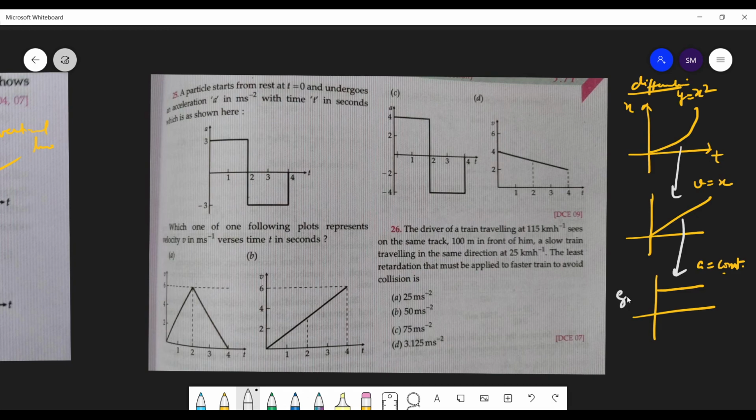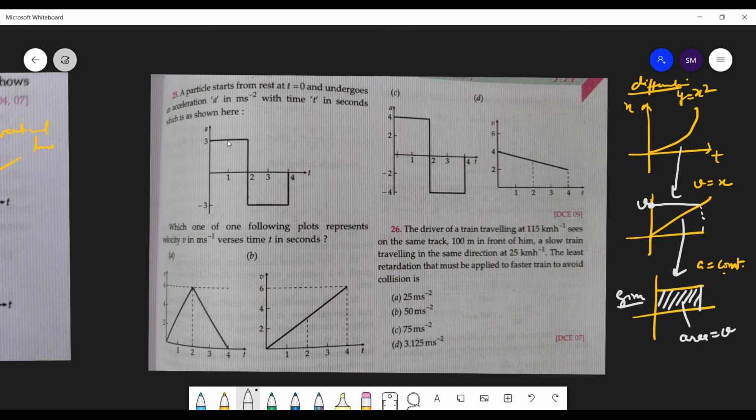If this is given to you, then the area of this graph will be this velocity at this point. So its area is equal to v. Yes or no? So all of you agree, students? That's a very good example.